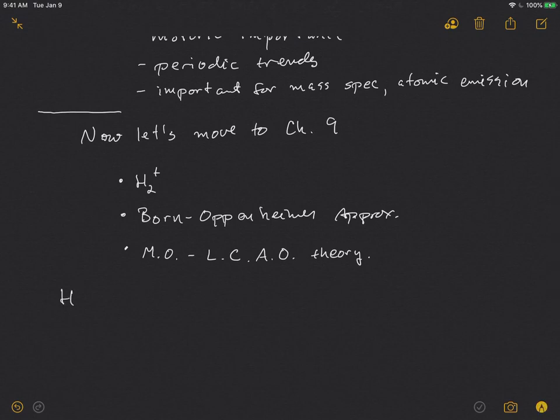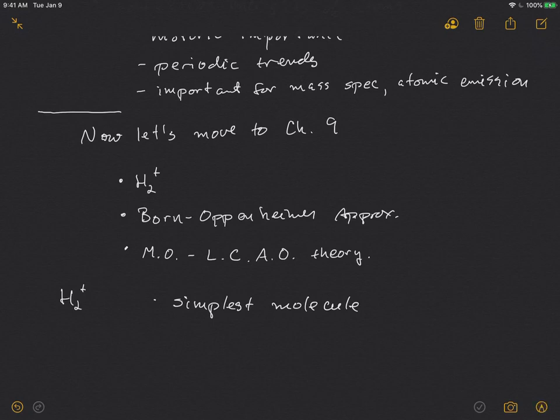H2 plus molecule ion, right? So this would be two nuclei, or two protons, two hydrogen nuclei, and one electron. It is arguably the simplest molecule. And so that seems like a good place to start.